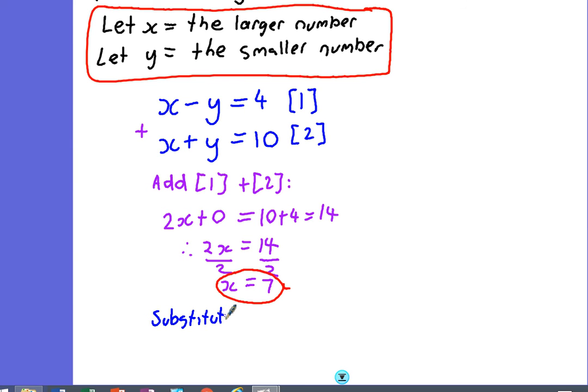At this stage it doesn't matter which, actually. Substitute x equals 7 into, let's choose, equation 1, and we get 7 minus y is equal to 4.